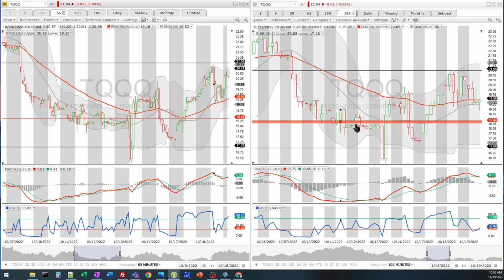Okay, so let's skip over the 195-minute chart. Down and then up, not quite making it to the EMA 50. Okay, fine. The next day it tries. It tried and it failed on the 195-minute. Tried, obviously failed on the back test, but made a higher low.